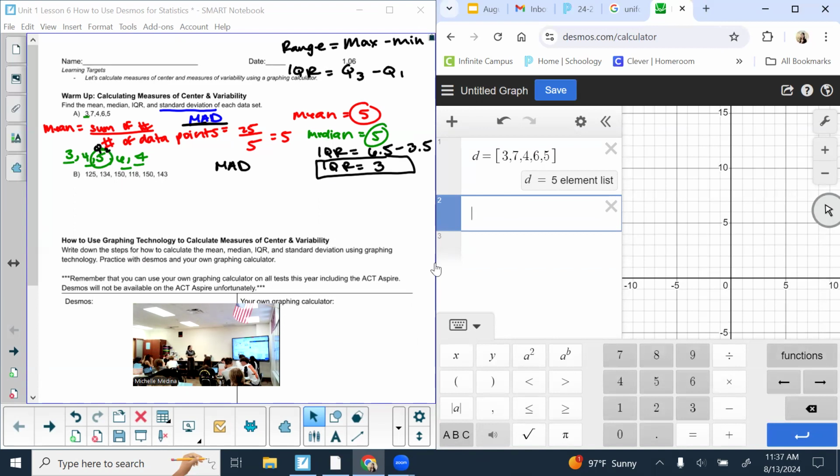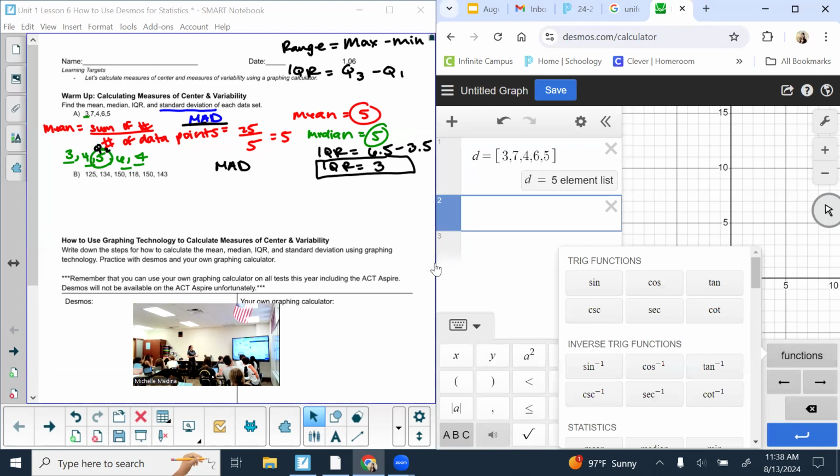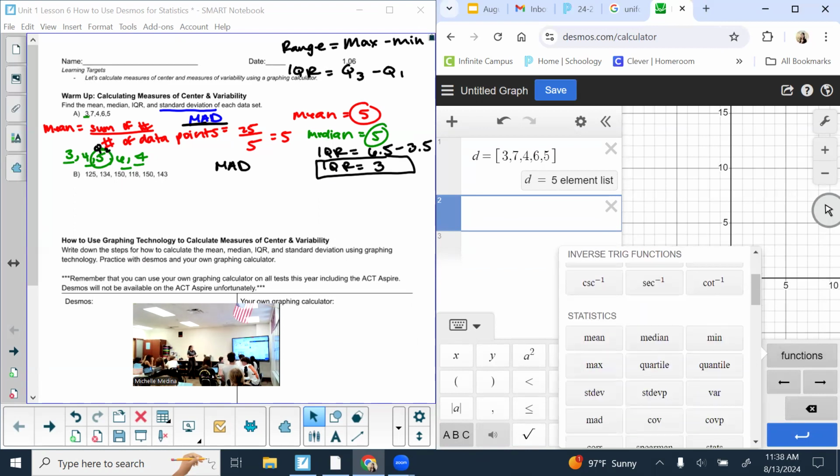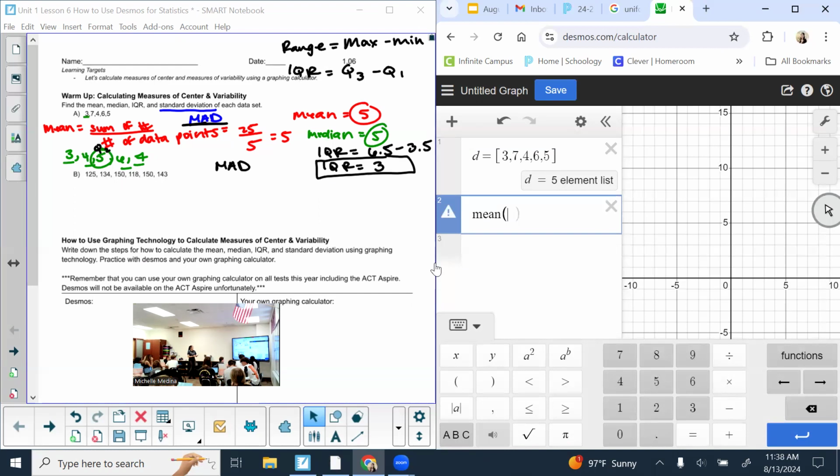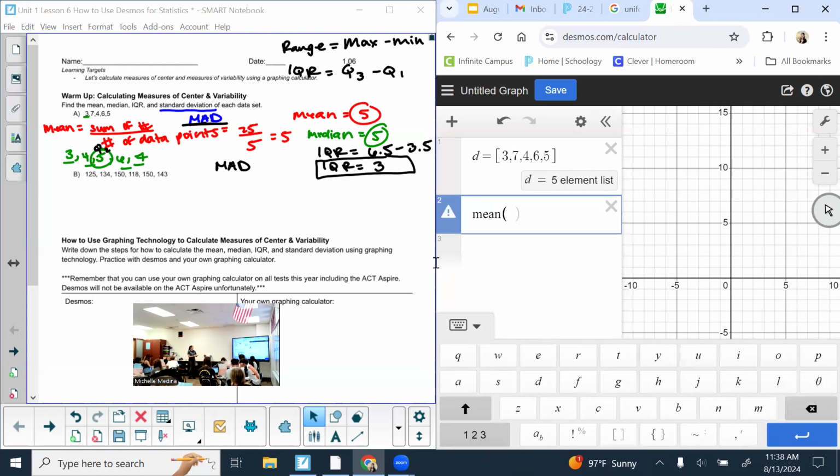It might be easier for you to hit this functions menu. We're on the statistics unit, so scroll to where it says statistics, and look, a lot of these words you recognize, like mean. Since I already have my data in another cell, in this parentheses I just put the letter that I named my data, and it tells me my mean without me doing anything, without me memorizing any formula.